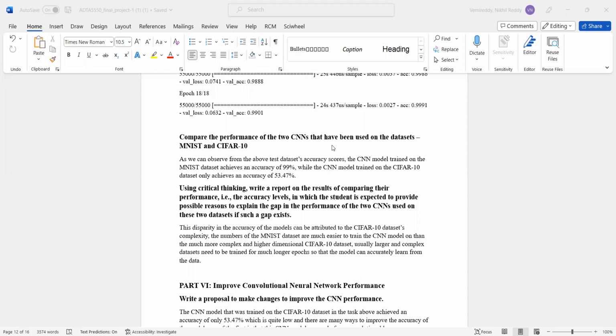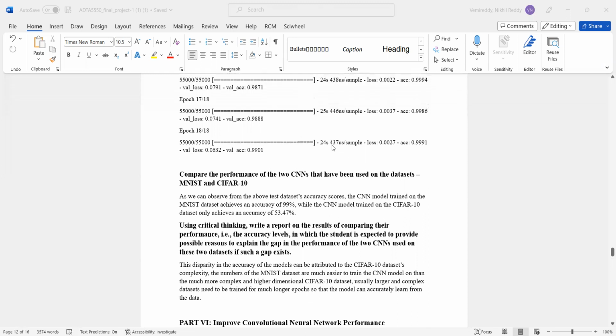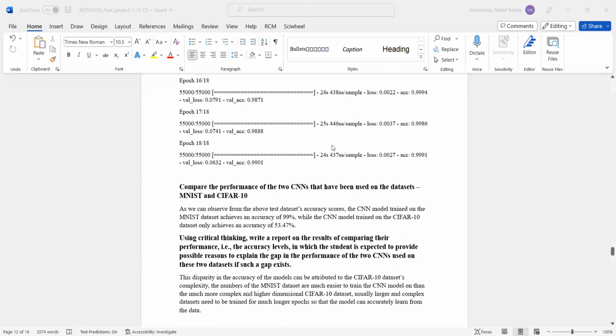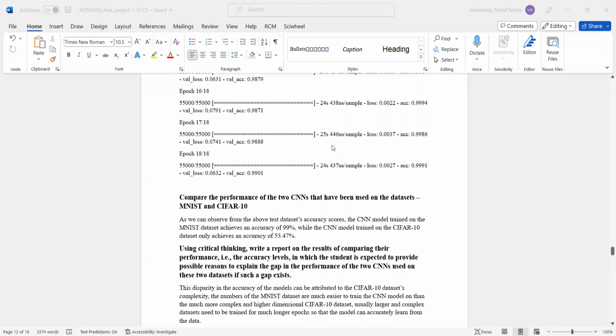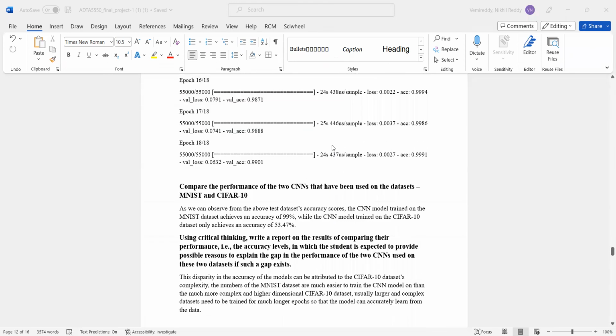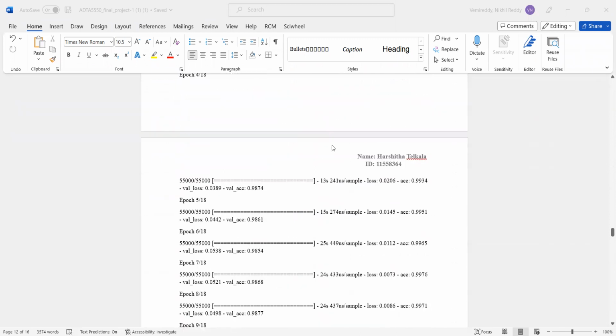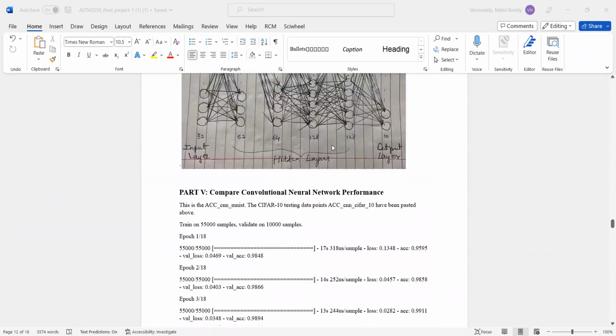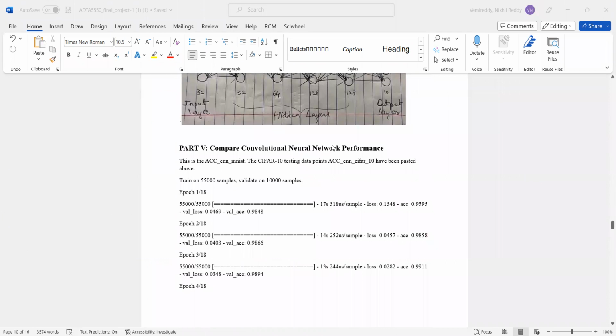The MNIST dataset is much easier to train the CNN model on than the much more complex and higher dimensional CIFAR-10 dataset. Usually larger and complex datasets need to be trained for many more epochs so that the model can accurately learn from the data. This is all about the comparison, which is asked in part 5.